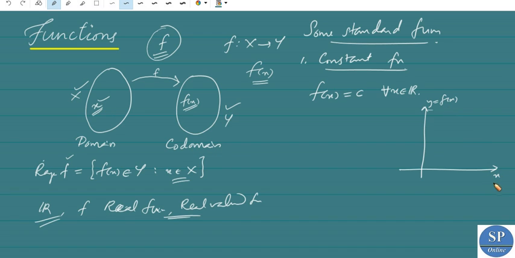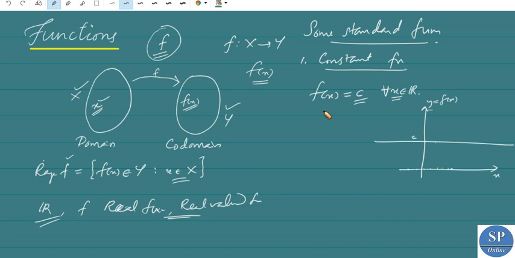In the graph of f of x equal to c, for any value of x the functional value is the constant c, so the graph will be like this. This is the point y equal to c. So for any value of x, the functional value will be c, right? So this will be the graph.